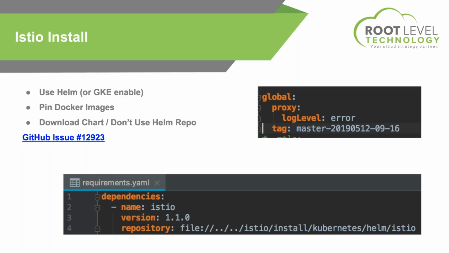So what happens is they publish a new image, you go to install it, your node doesn't have that image, it downloads it, it's a different one, and it breaks your chart. To solve this problem, we could look at an existing pod that's running, which I'll show you exactly how to do in the demo, and then look up the master-latest-daily tag.